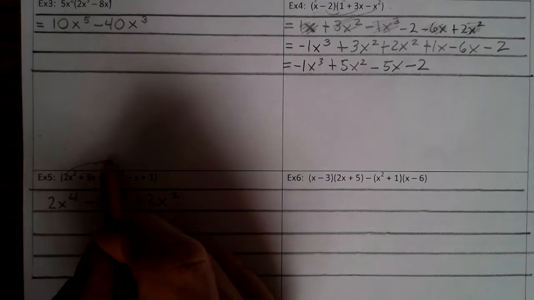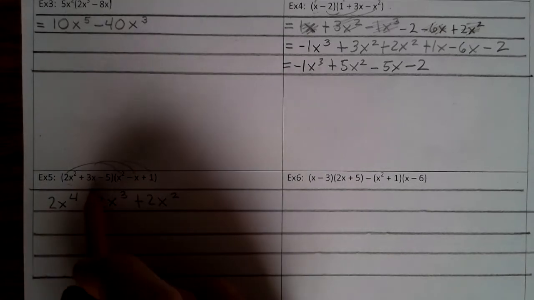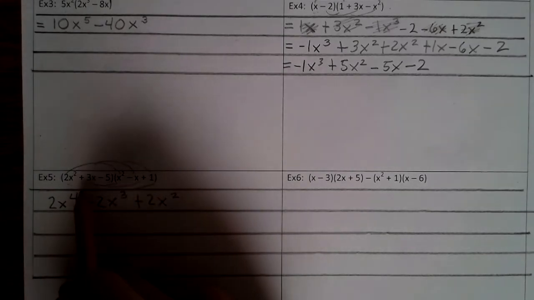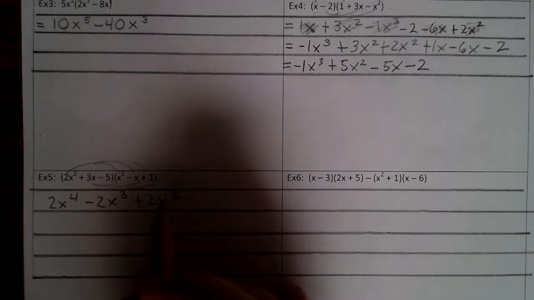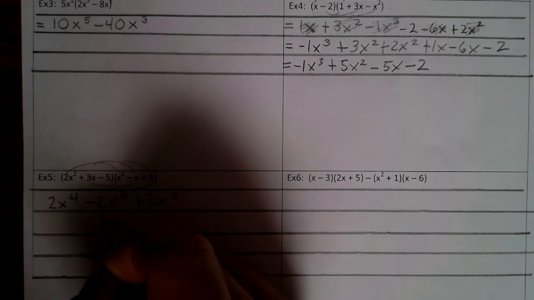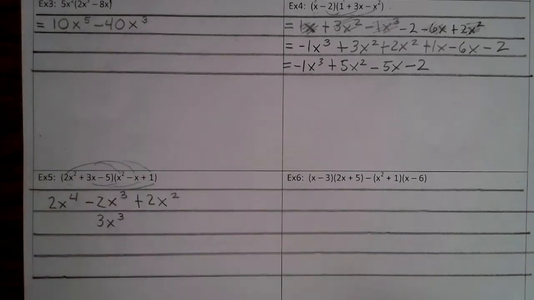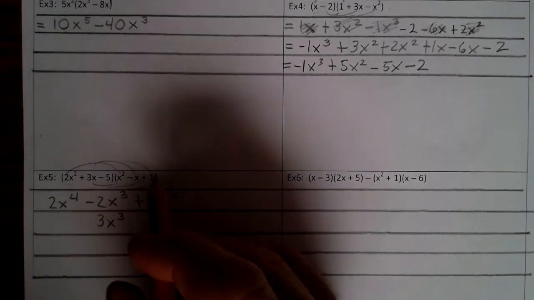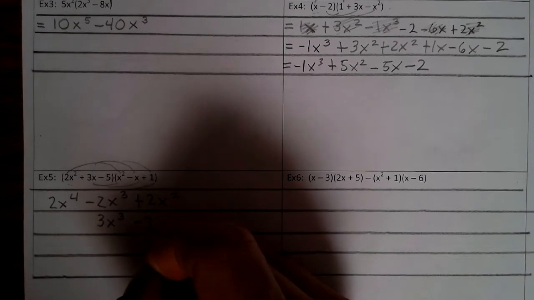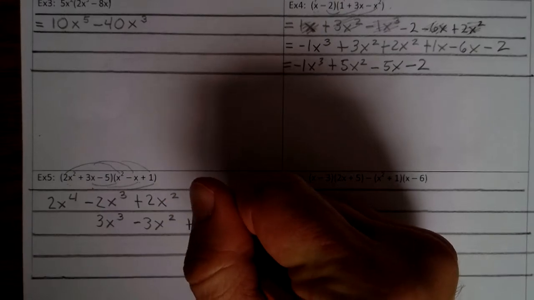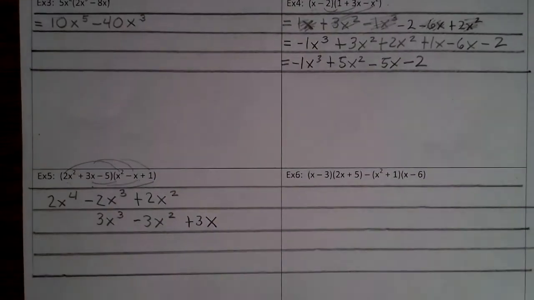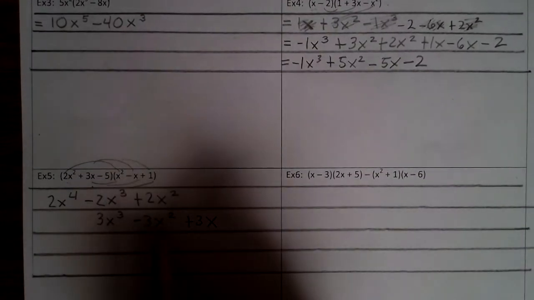Now that was when I FOILed here. Now I'm going to FOIL with 3x. So 3x times x squared is 3x cubed. Notice I'm lining up the cubes. Okay, 3x times negative x is negative 3x squared. And then 3x times 1 is plus 3x. Okay, so by doing that, I'm already setting it up to be combined.